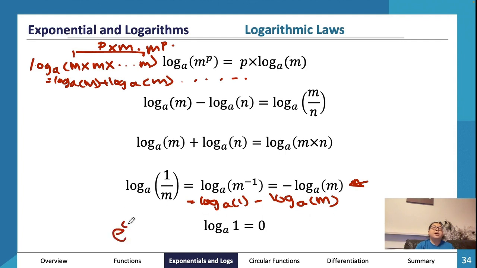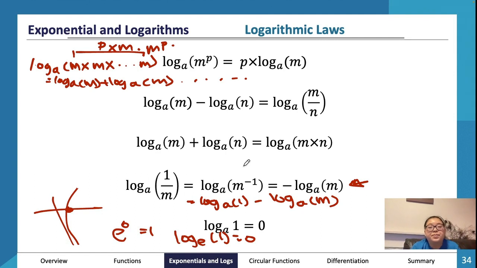Just like e to the power of 0 is 1, log e 1 is 0. And if we look at the graph, that's also what we figure from there. So that's the position. Cool.